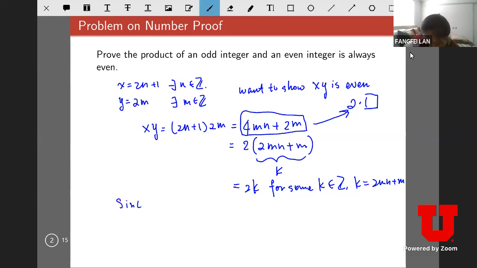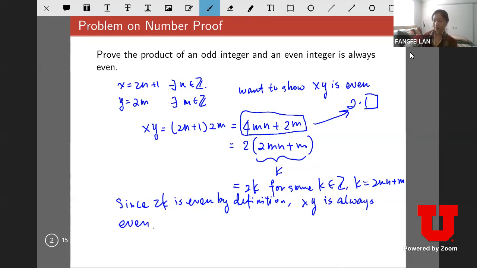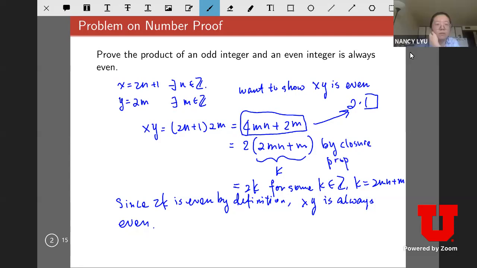So you can say since 2k is even, by definition, xy is always even. And this part right here is by closure property of integers.